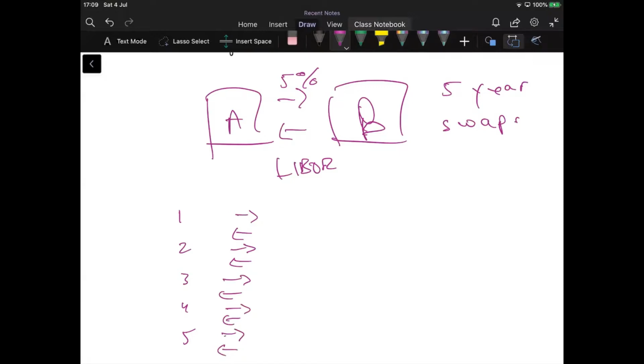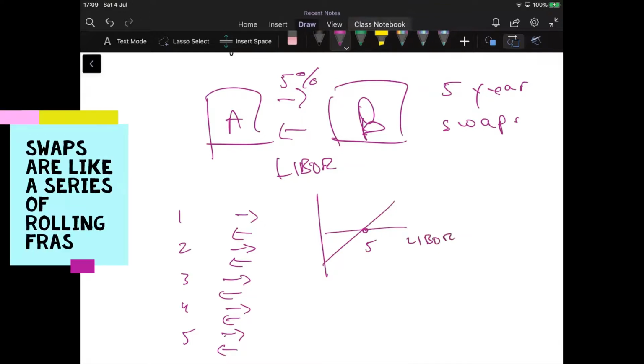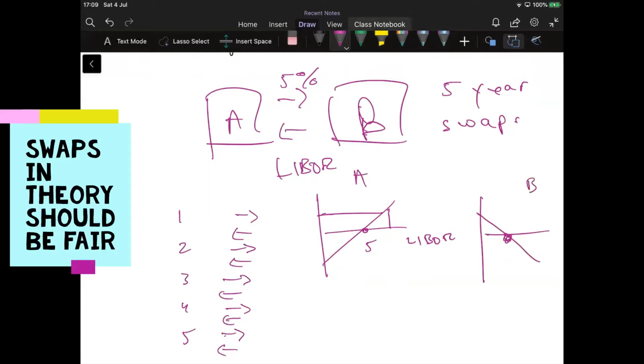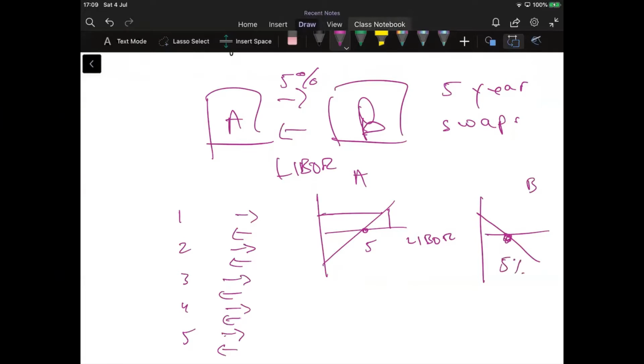The position of A would look like a long forward position, paying 5. If the LIBOR rate then subsequently went up, A is gaining on the position, so that looks like A's position. And B, the counterparty here, would have the offsetting position. It would look like a short position, the delivery price, if you like, at 5%, and we would have LIBOR.